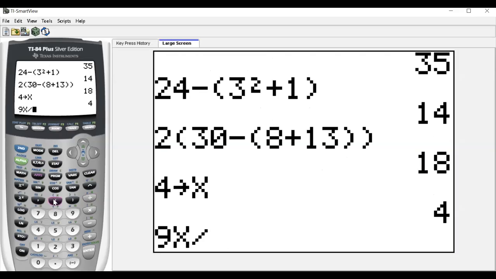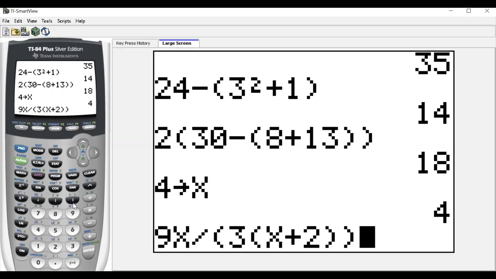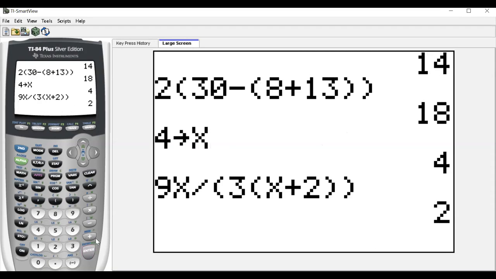So I'll put in my left parenthesis, and then it was 3, and then another set of parentheses, x plus 2. We'll close the second set of parentheses, and then close the first set. So you'll notice that the entire denominator is enclosed in parentheses, just to make sure order of operations doesn't mess us up. And our answer that we got by hand was 2. The calculator agrees with us.